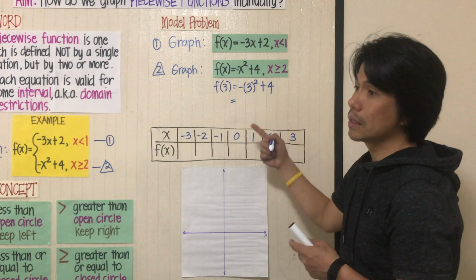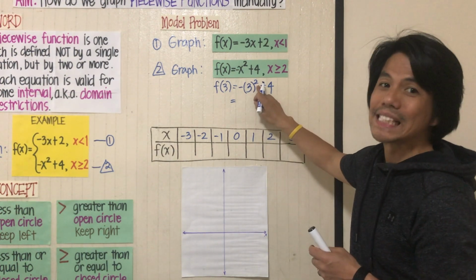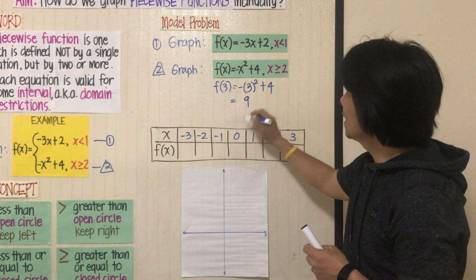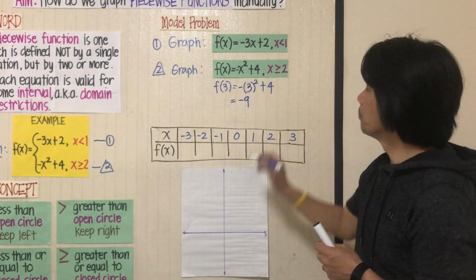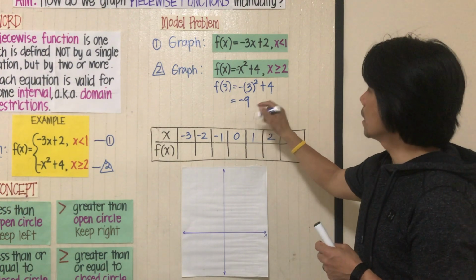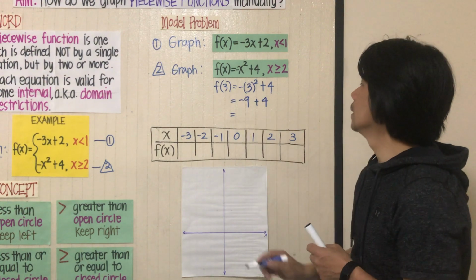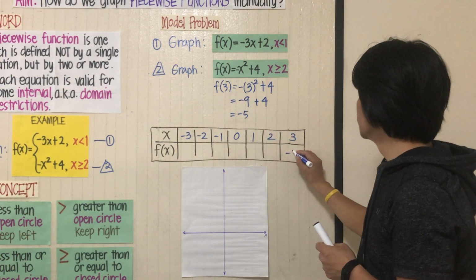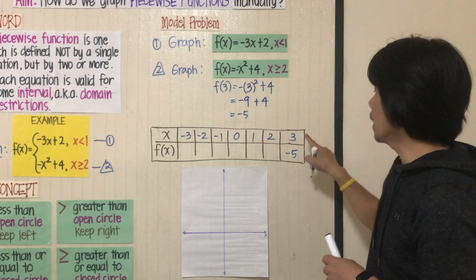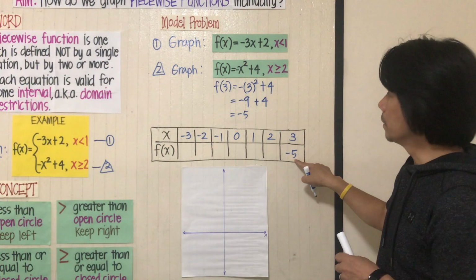Now you're going to start based on order of operations. 3 to the second power is 9. Again, there's a negative outside the parentheses. That's the only time you're going to write it before 9, plus 4, and then -9 plus 4 is -5. So if x is 3, the f of x is -5.